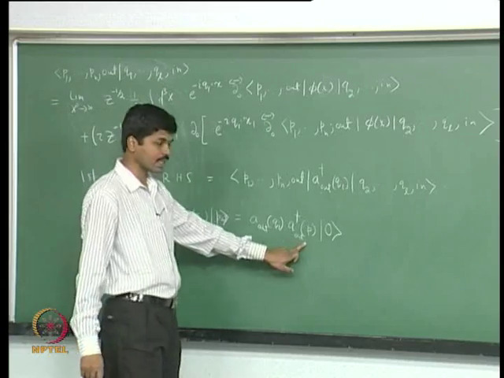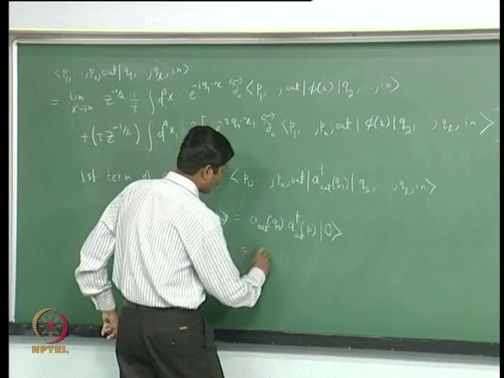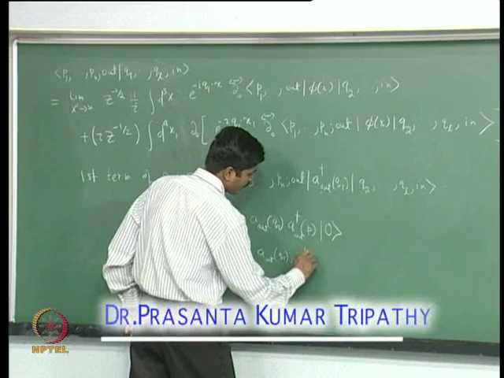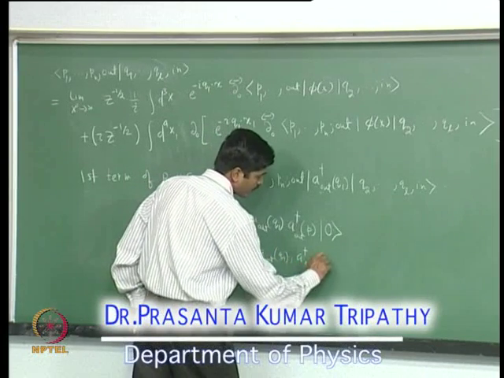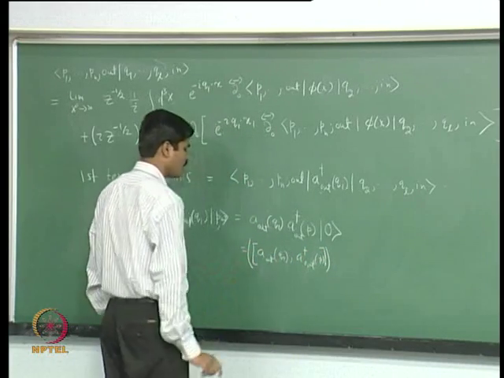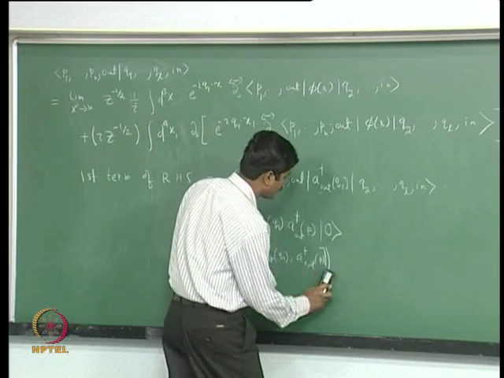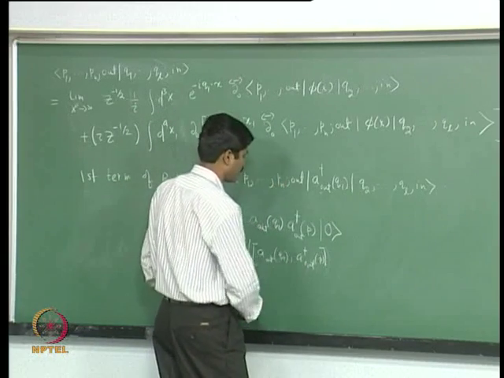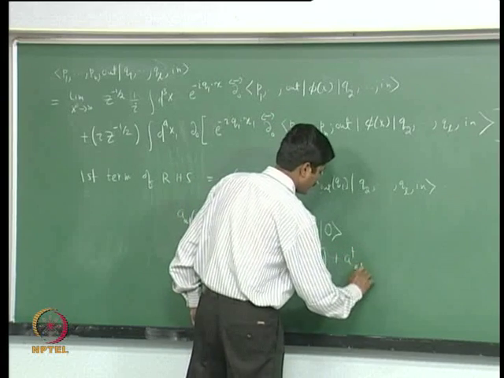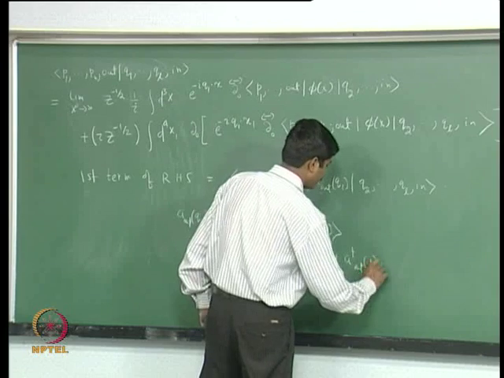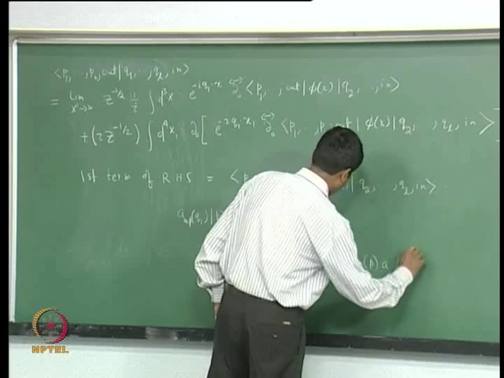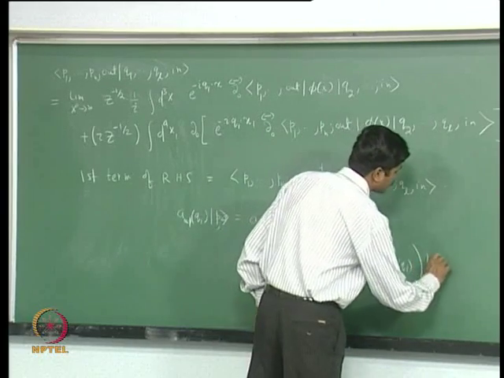Now, this quantity I can write as the commutator of a_out(q1), a†_out(p), plus a†_out(p) a_out(q1) acting on the vacuum.